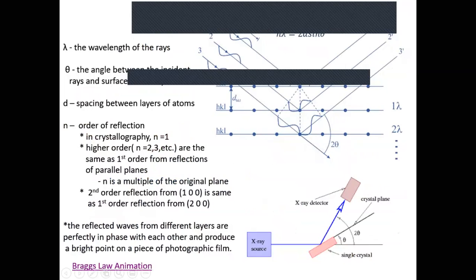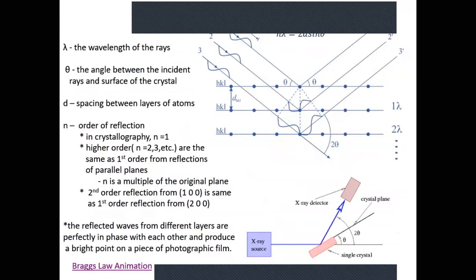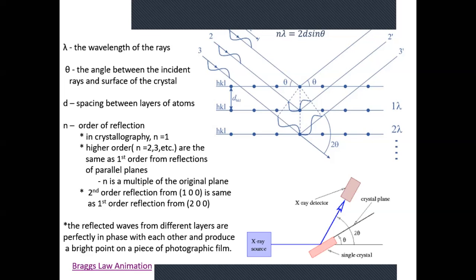So let's investigate Bragg's law a little bit more so we can understand it better. Again, Bragg's law is n lambda equals 2d sine theta. Lambda is the wavelength of the incident X-rays, and depending on the type of source, there are two common types.